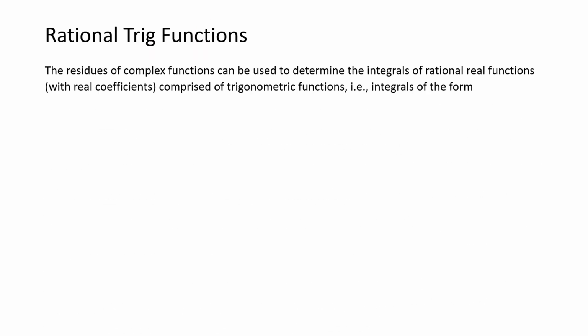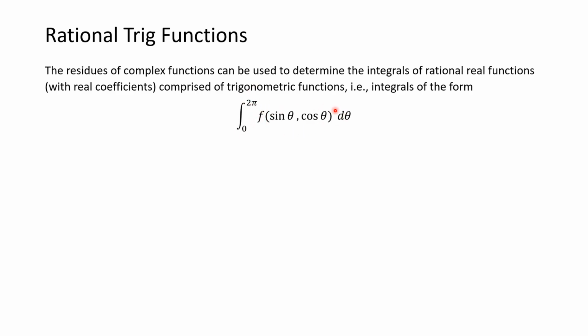So we're going to use residues to determine the integral, or should I say the antiderivative, of rational real functions with real coefficients comprised of trigonometric functions. So we're basically looking at something in this form here. We're going to take the antiderivative and then evaluate the integral.